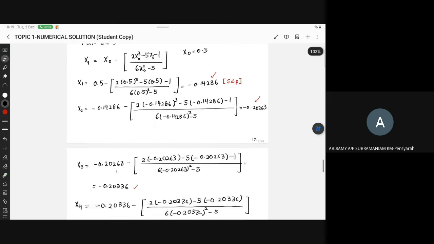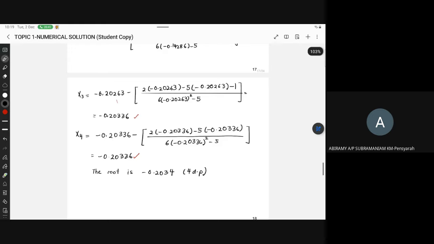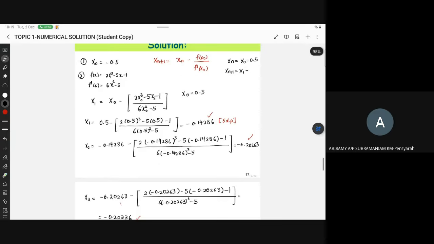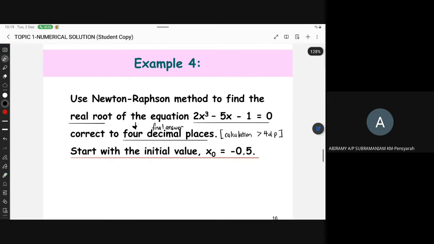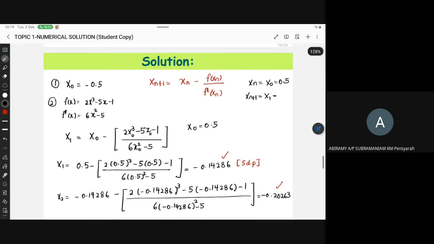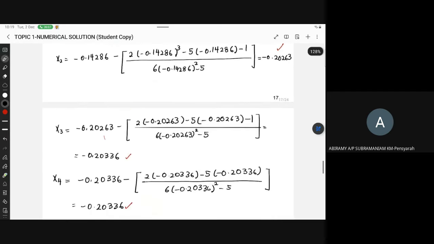We continue the iteration until the values are the same. Once the value is the same, we can say that this is the root for the given function. So we have answered example 4, using the Newton-Raphson method to find the real root of the equation 2x cubed minus 5x minus 1 equals 0. I hope you can follow this.